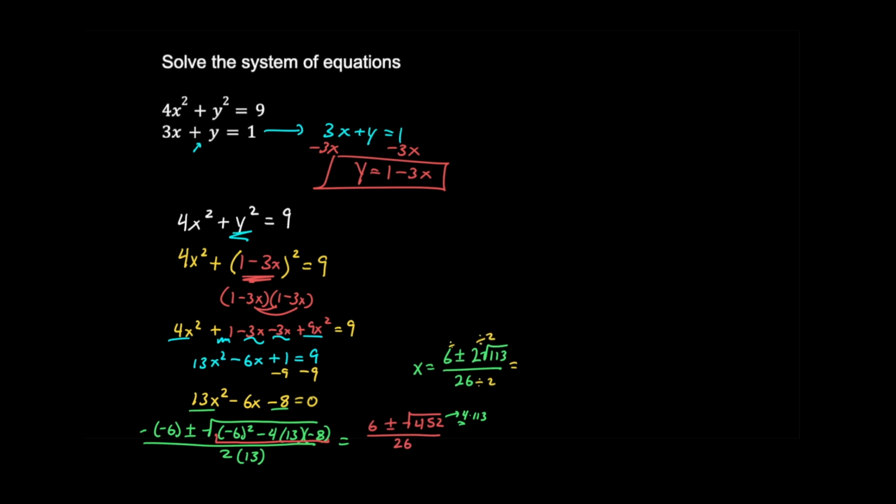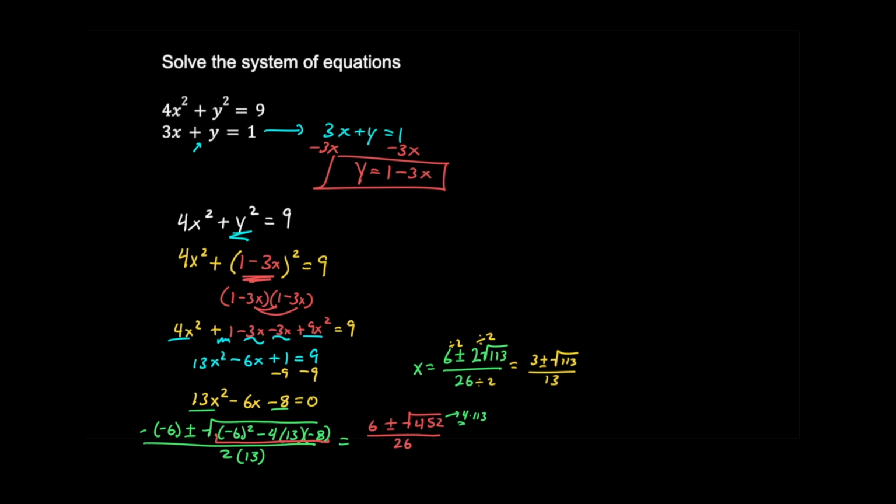So dividing each number by 2 there, we'll have 3 plus or minus square root of 113 over 13 as the exact answer. Whew. So those are the two x values. We still need the y values that go with it.